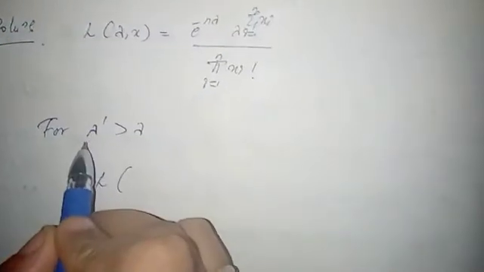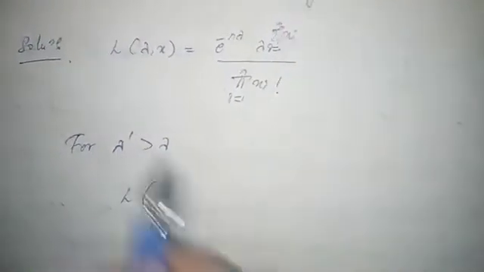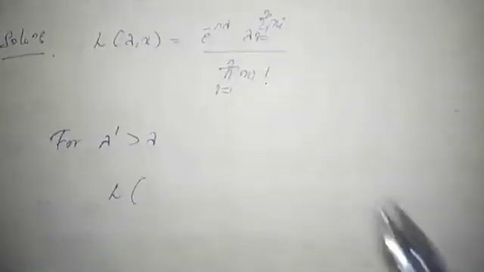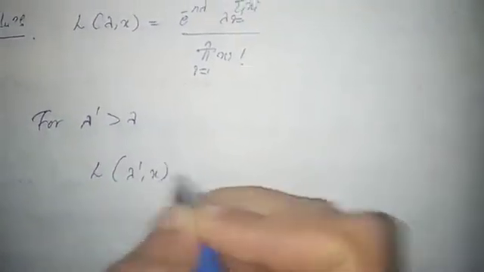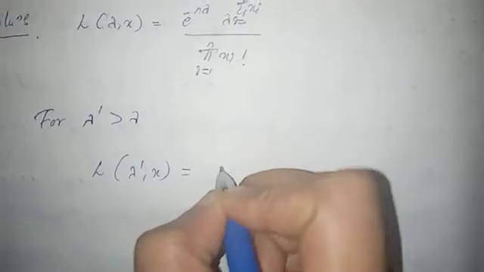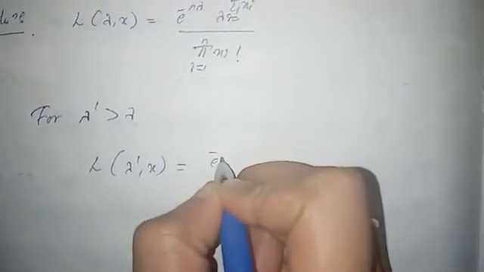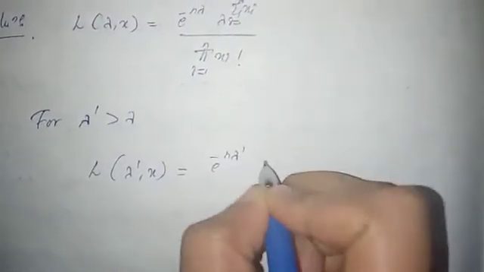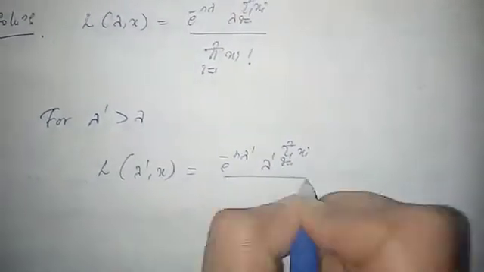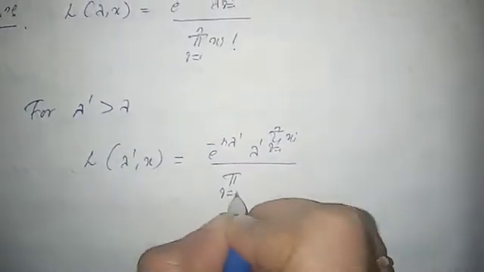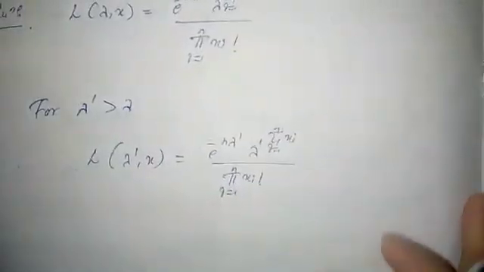Here the parameter is lambda, so we write lambda dash greater than lambda. Then we obtain the likelihood under lambda dash, which is equal to e power minus n lambda dash, lambda dash power summation i equal to 1 to n xi, divided by product i equal to 1 to n xi factorial.